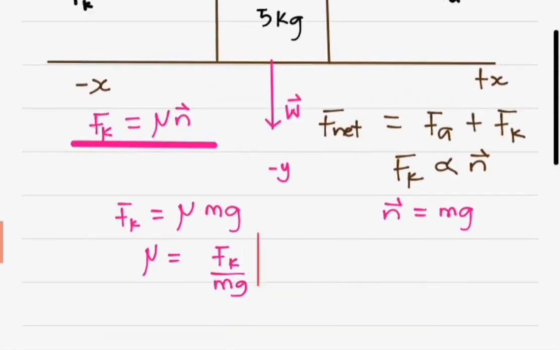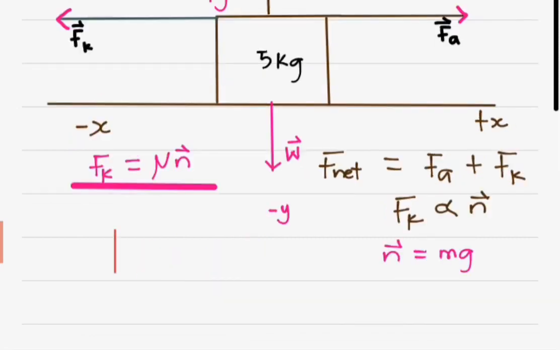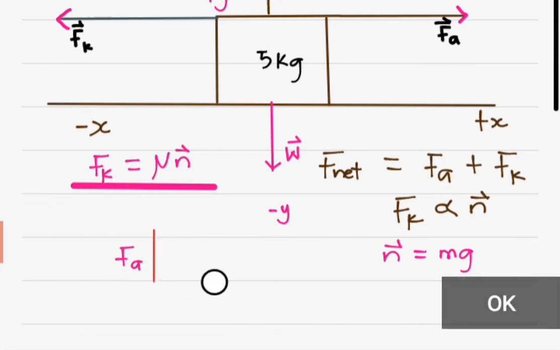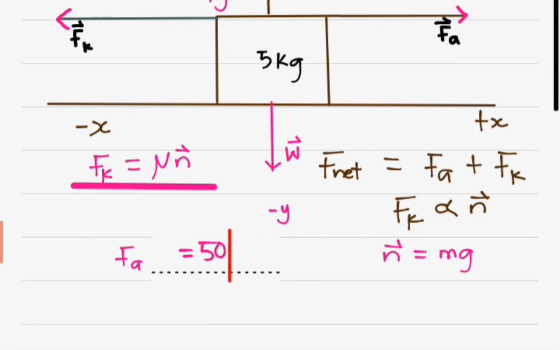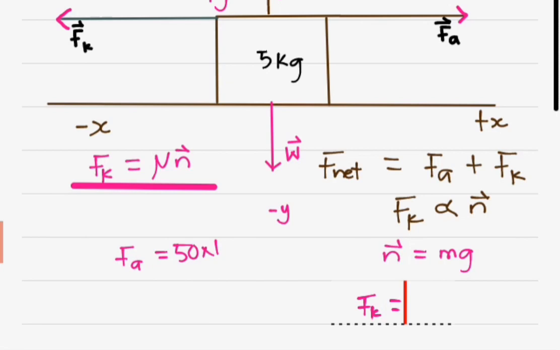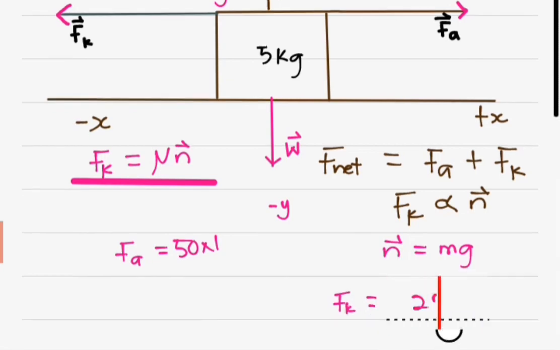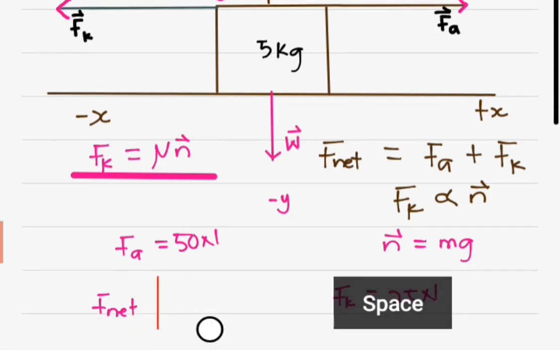Now, let us say we are given an applied force of 50 newtons, and then we have Fk, that's frictional force, to be 25 newtons. Well, according to Newton's second law, what is your net force?